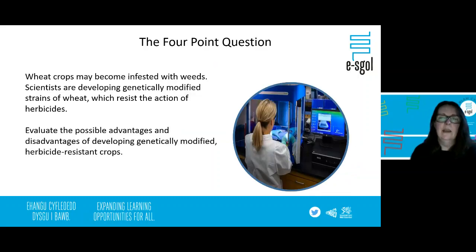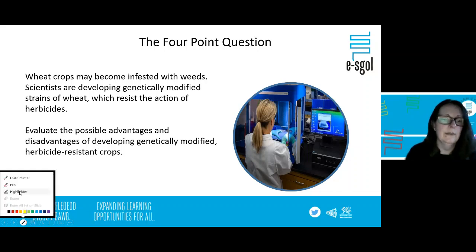And let's just have a look at this question here. It says, wheat crops may become infested with weeds. Scientists are developing genetically modified strains of wheat which resist the action of herbicides. Evaluate the possible advantages and disadvantages of developing genetically modified herbicide-resistant crops. So there are quite a few key words here that we need to think about in this question.